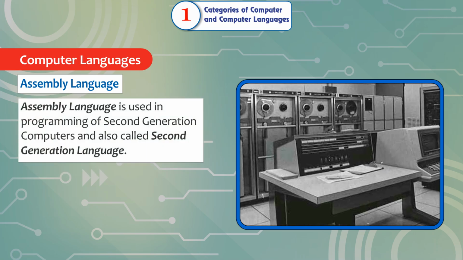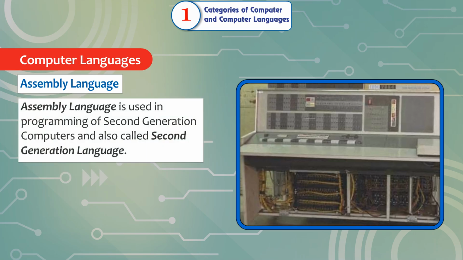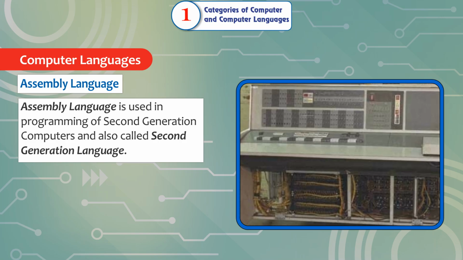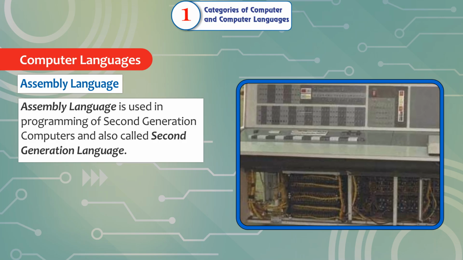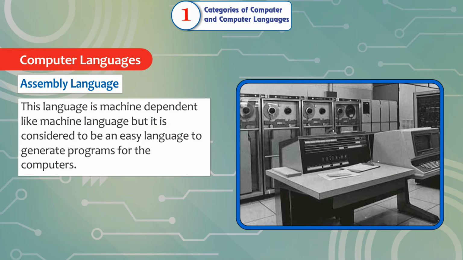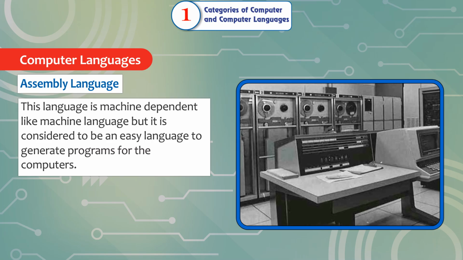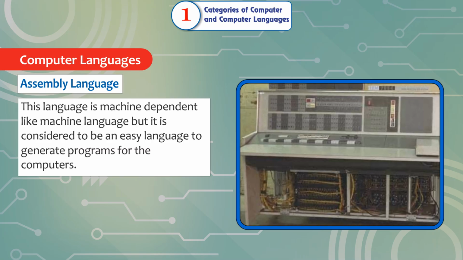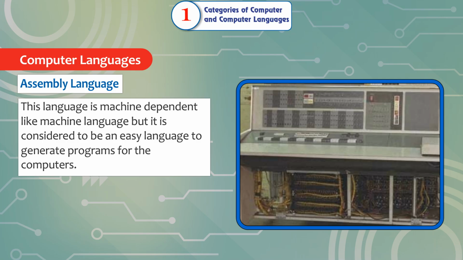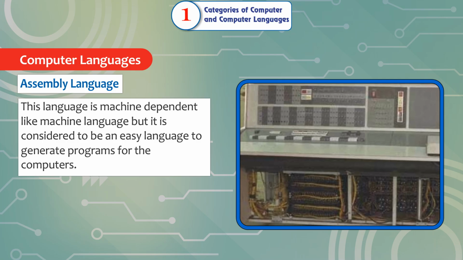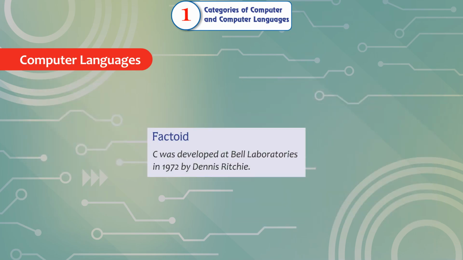Assembly language is used in programming of second-generation computers and also called second-generation language. This language is machine-dependent like machine language, but it is considered to be an easy language to generate programs for the computers. Factoid. C was developed at Bell Laboratories in 1972 by Dennis Ritchie.